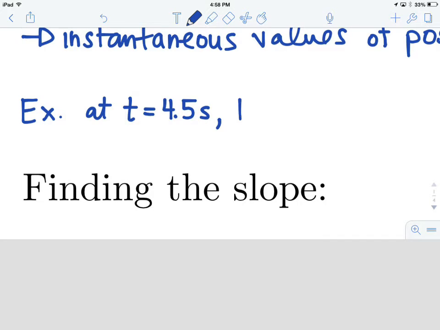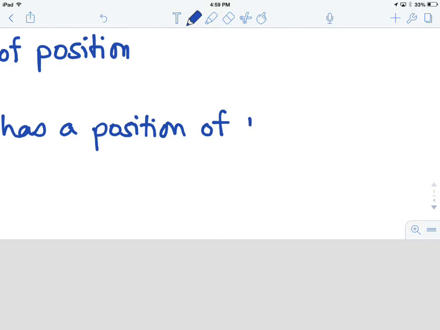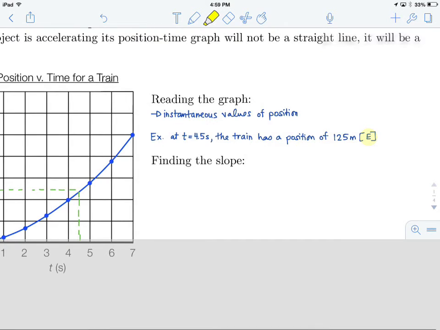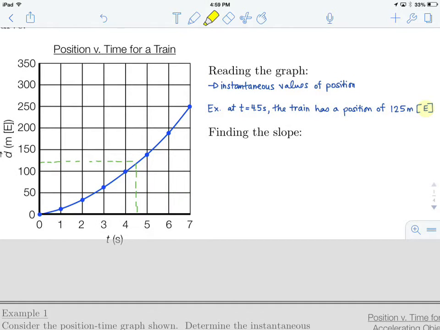The train has a position of 125 meters east. Again, it's a position time graph, so don't forget the direction. Okay, fair enough. That's a review of yesterday, same thing as yesterday.